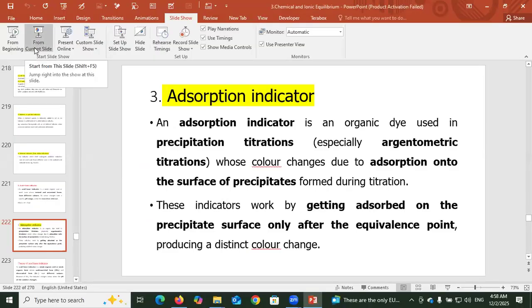An adsorption indicator is an organic dye used in precipitation titration, for example argentometric titration, whose color changes due to adsorption onto the surface of the precipitate formed during the titration. These indicators work by getting adsorbed on the precipitate surface only after the equivalence point, producing a distinct color change.